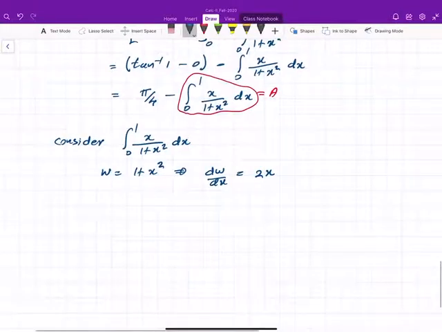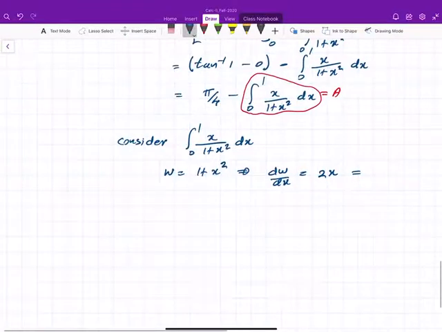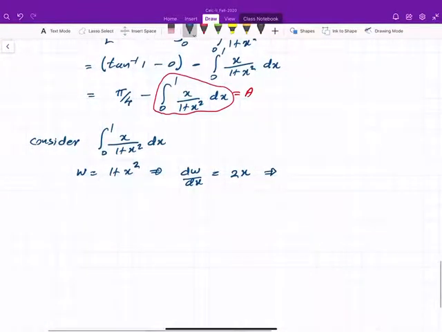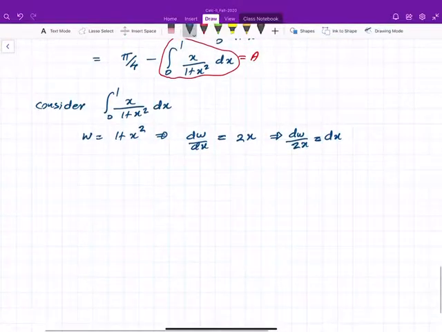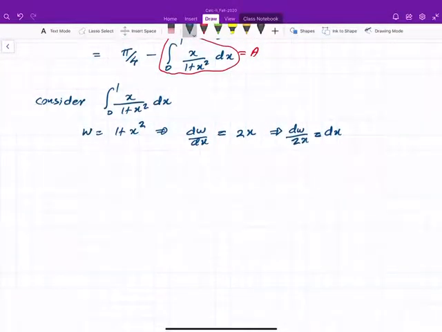Right, then I solve that for dx. Then I get dw over 2x, which is dx. All right. Now I'm going to do the substitution. I'm going to substitute things now.